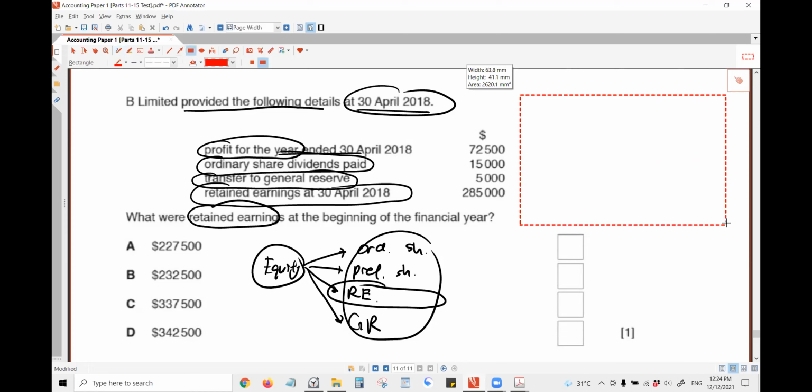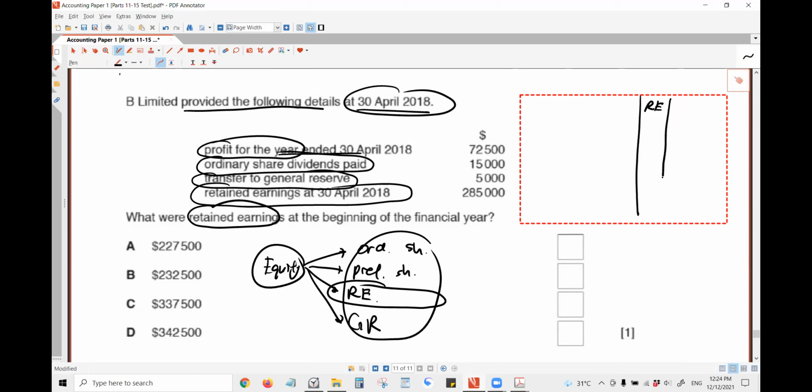So basically, it's asking you for the retained earnings column in the SOCIE table. The retained earnings column, you have to know how it works very well in the SOCIE table. Everybody, you try this one. Then you find me this figure: the first figure in the retained earnings column of the SOCIE table. That's what they're asking from you.